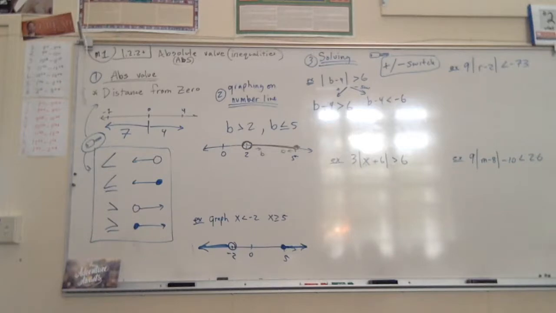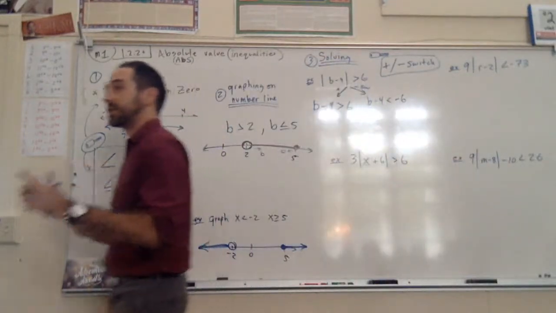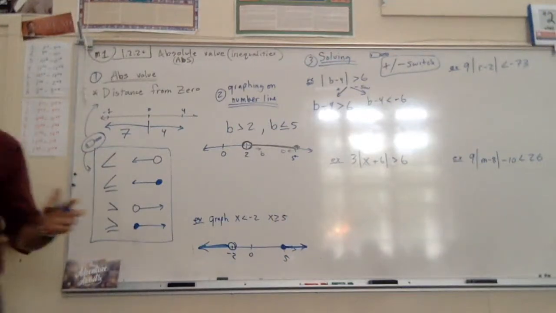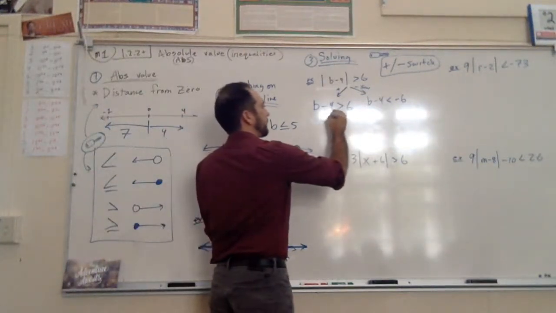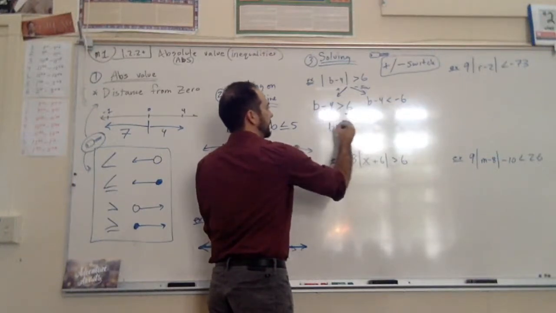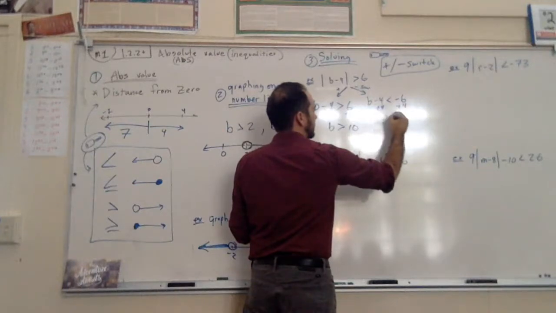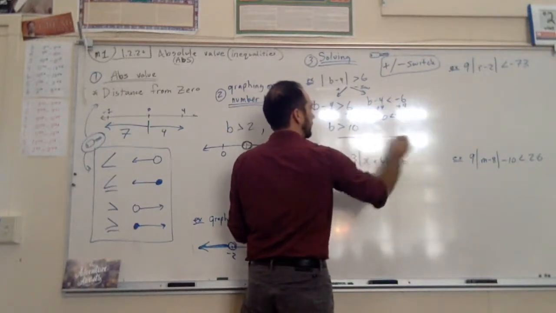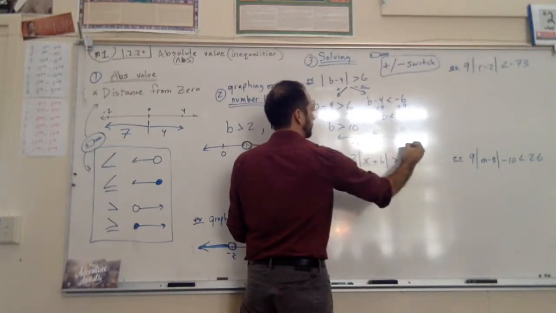Okay. Solve these just like regular. We're going to solve them just like we did all last week. We were doing a lot of this. So I'm going to add 4. I'm going to add 4. B is greater than 10. Add 4, add 4. B is less than -2. Let's see. 0, -2, 10.